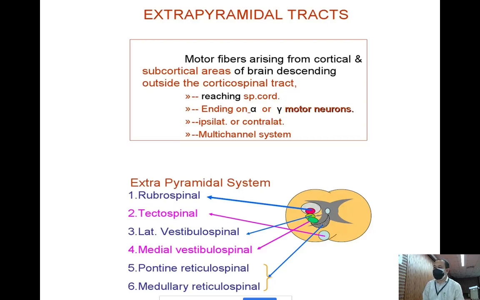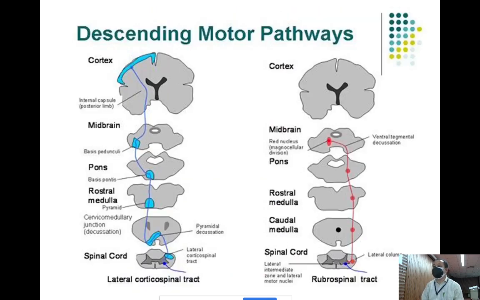They all descend in the ventral funiculus, or what we call the anterior funiculus, through the anterior funiculus into the spinal cord. So this is basically what I intend to show you here.